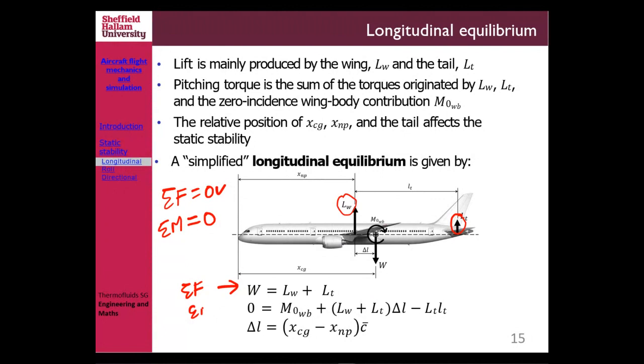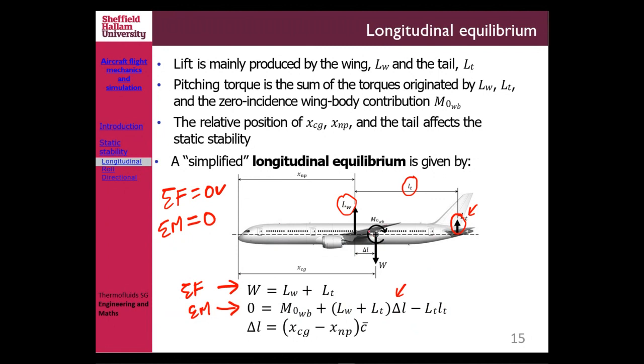Now this one is the sigma moment around CG, which is the inherent moment already there, M0 wing body, plus LW multiplied by delta L, where delta L is the distance between the lift from the wing and the center of gravity, minus LT, the lift from the tail, multiplied by the distance lT. I hope you understand why that is there, right?